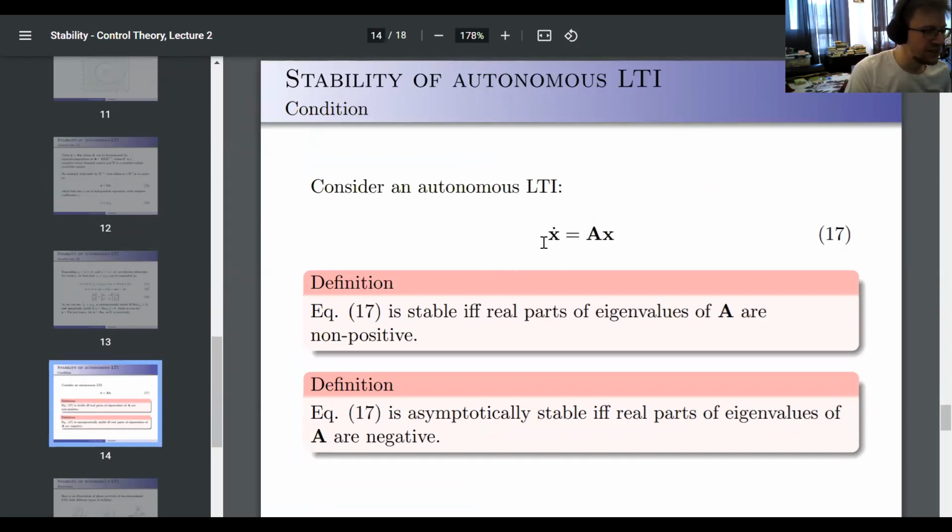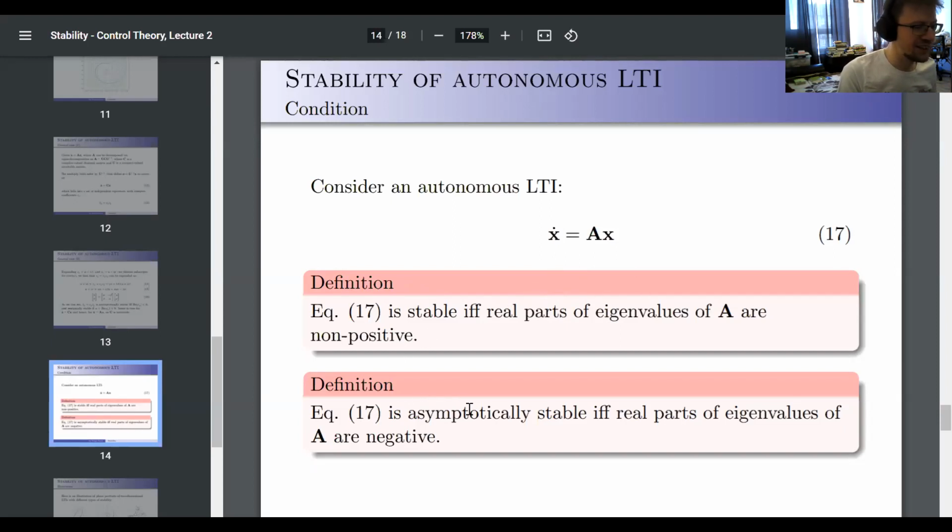So equation 17 has a stable solution. Saying equation 17 is stable is not very clean. You have to talk about stability of a node, not the equation. But for linear systems, it kind of becomes the same. But anyway, equation 17 is stable if and only if real parts of eigenvalues, which is an extremely important detail, are non-positive.